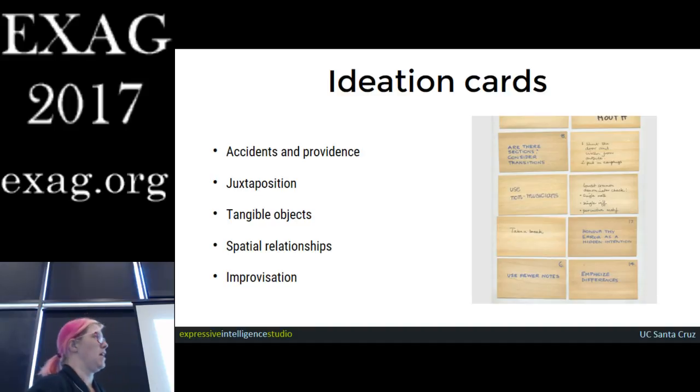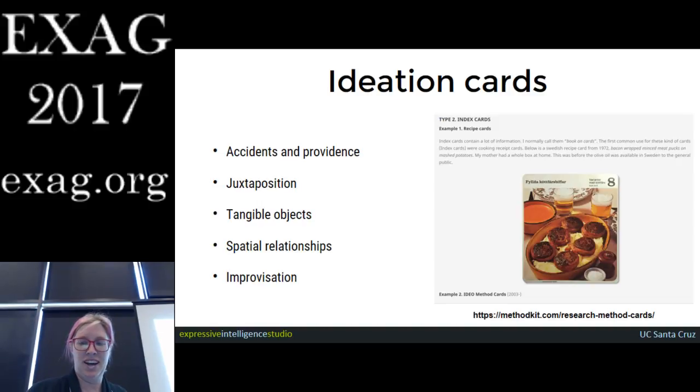So the neat thing about ideation cards is they're either giving you ideas or suggesting things that you might not have otherwise. And because they're physical objects, you have a bunch of neat features. So you have things like accidents and providence. I can draw a card, and that card might be meaningful, or I might just tell myself that it's meaningful because that was the card that fate gave me in that moment.